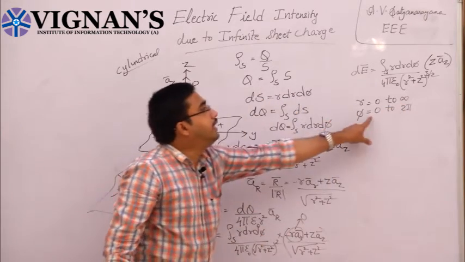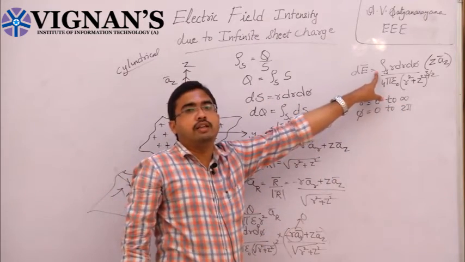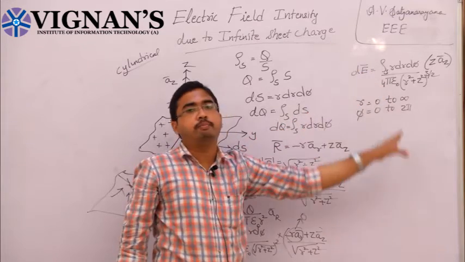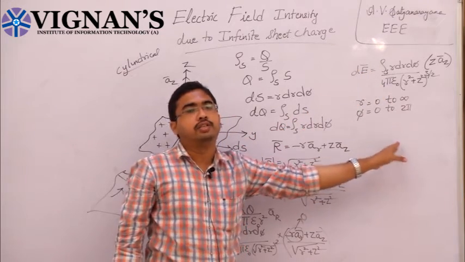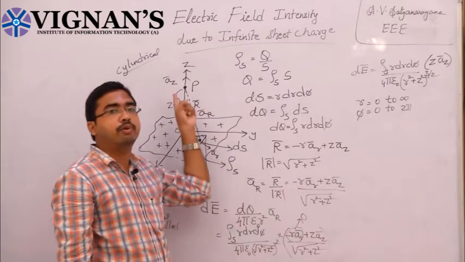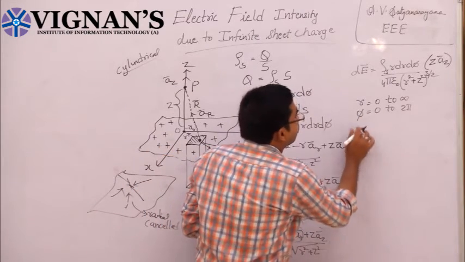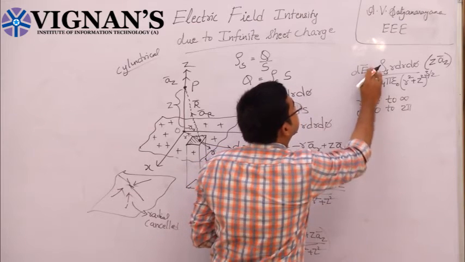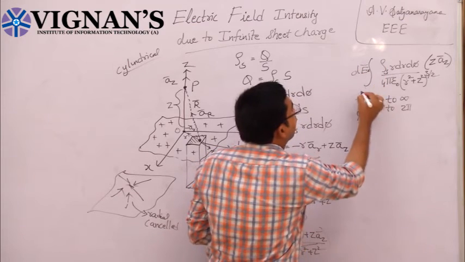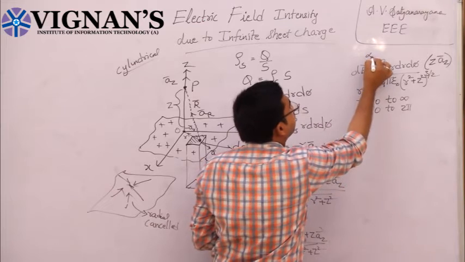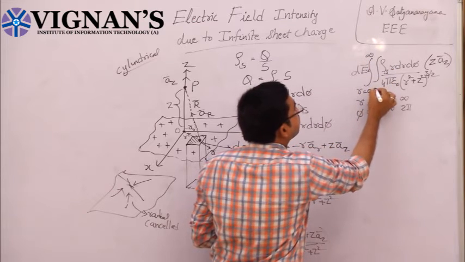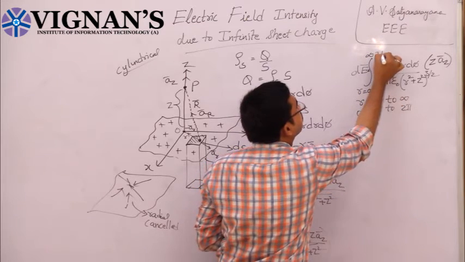If we integrate this expression over these limits, then we can calculate the complete electric field intensity due to this infinite sheet of charge at point P. Before taking those limits, keep them here: r is running from 0 to infinity and phi is running from 0 to 2 pi.